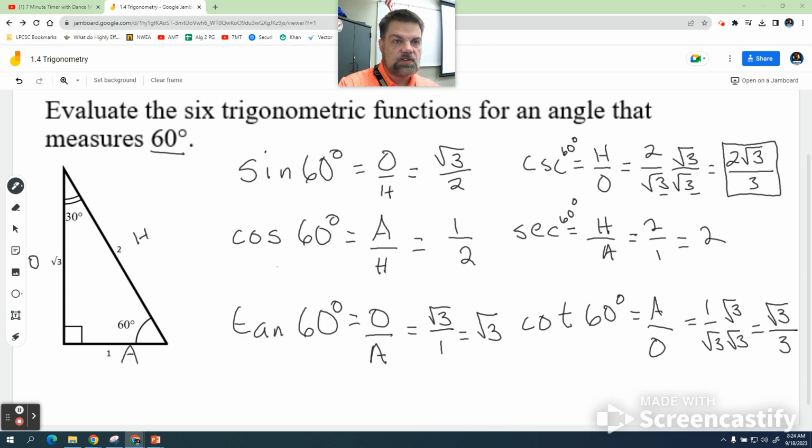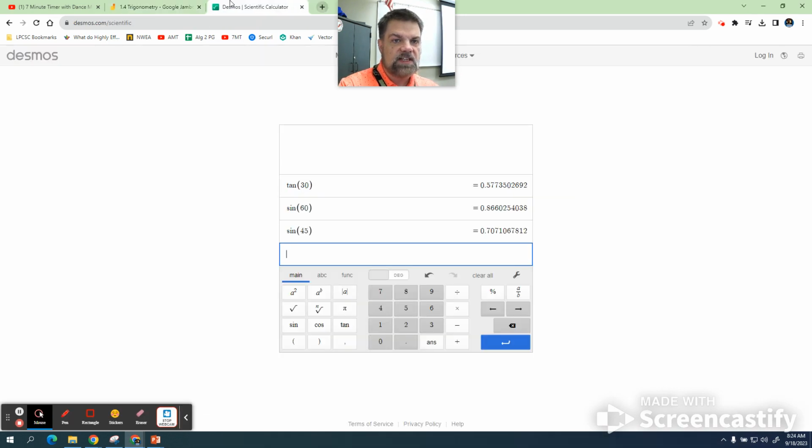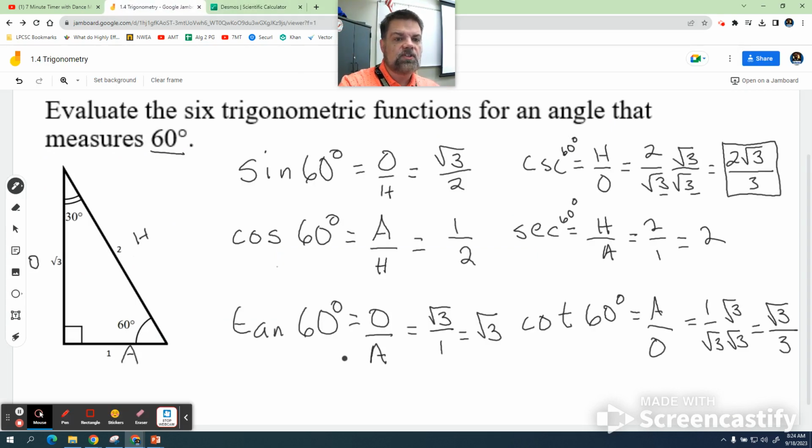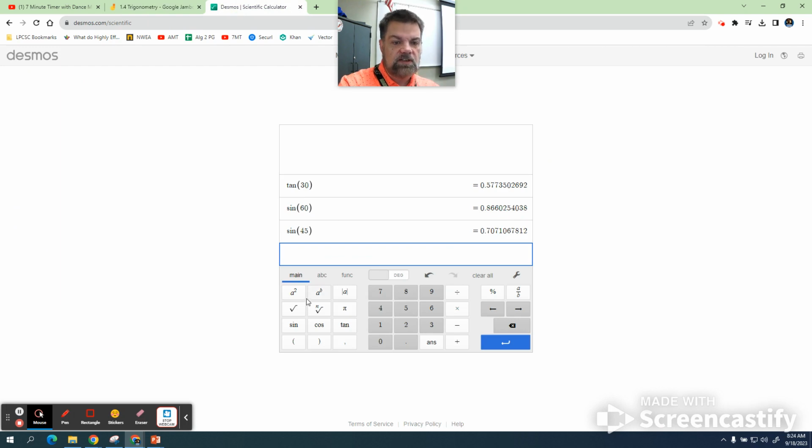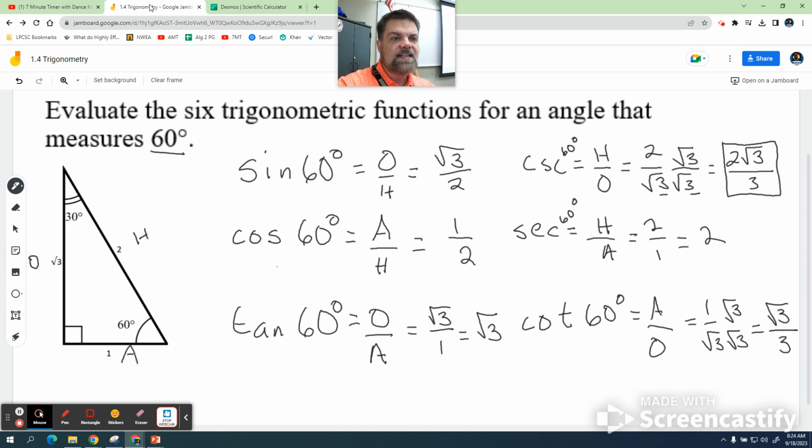All right. So now is the tricky part. We're going to plug this into our graphing calculator. Now I'm going to use Desmos because my emulator is not quite set up on my calculator yet. So first, let's double check these. If I say sine of 60 degrees and I hit enter, I get 0.866, and so on. Well, I said the answer was the square root of 3 over 2.